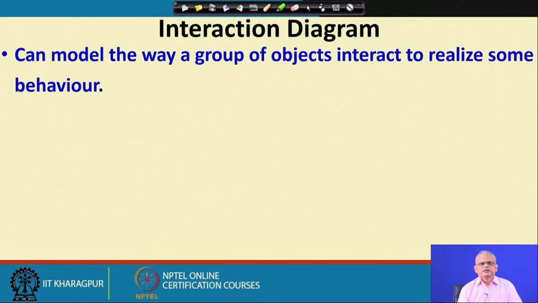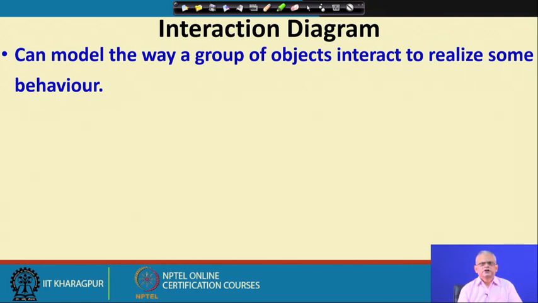But then what can be a behavior of a system? The behavior is when we execute it, it does something for us. For example, issue book, return book. So, that is the behavior of the system. And if we think of it, the behavior is either execution of a use case or part of a use case.